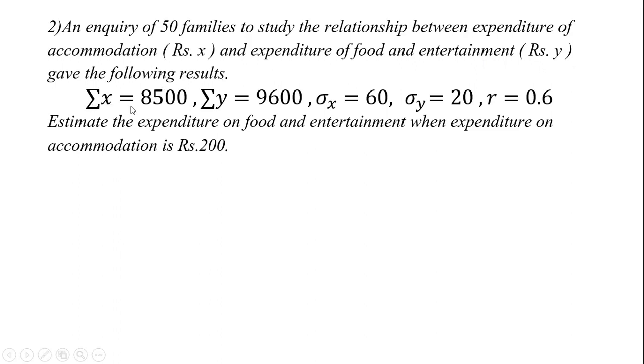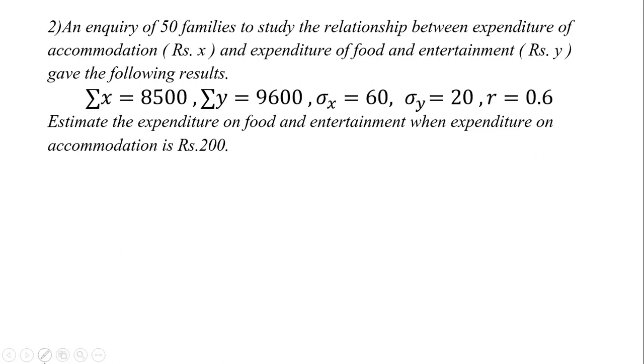Sigma x is equal to 60, sigma y is equal to 20, r is equal to 0.6. Here summation x is equal to 8500, summation y is equal to 9600. Estimate the expenditure on food and entertainment when expenditure on accommodation is rupees 200.